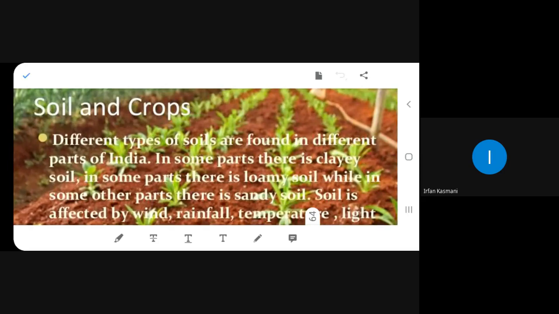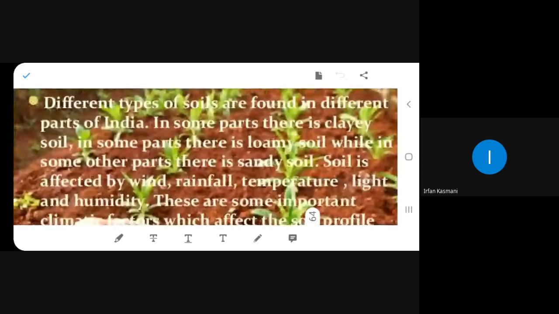Soil and crop. Different types of soil are found in different parts of India. In some parts there is clay soil. In some parts there is loamy soil. While in some other parts there is sandy soil. Soil is affected by wind, rainfall, temperature, light, and humidity.